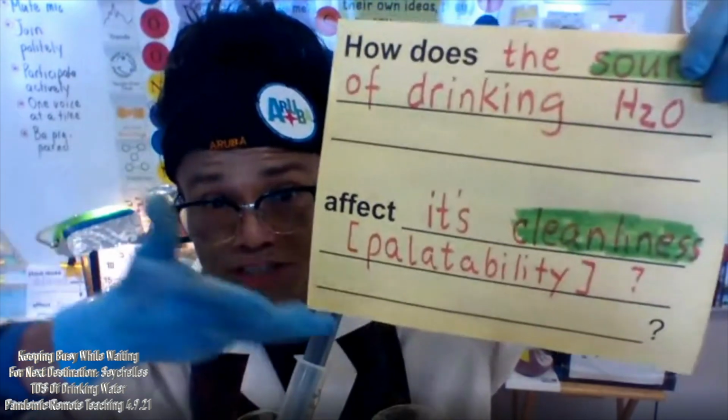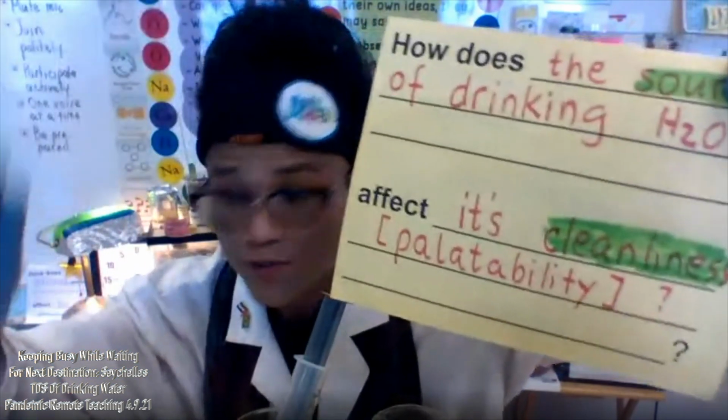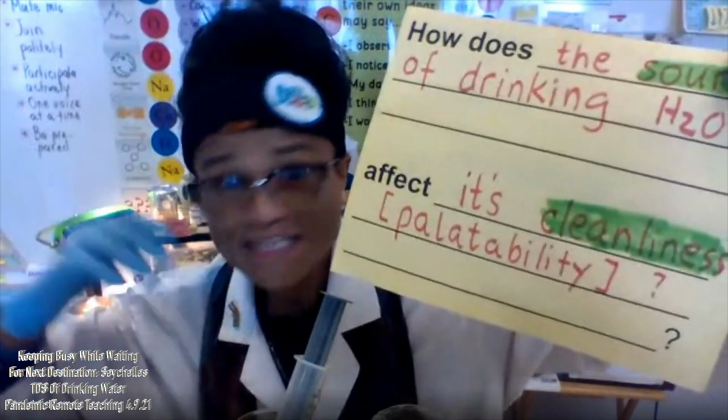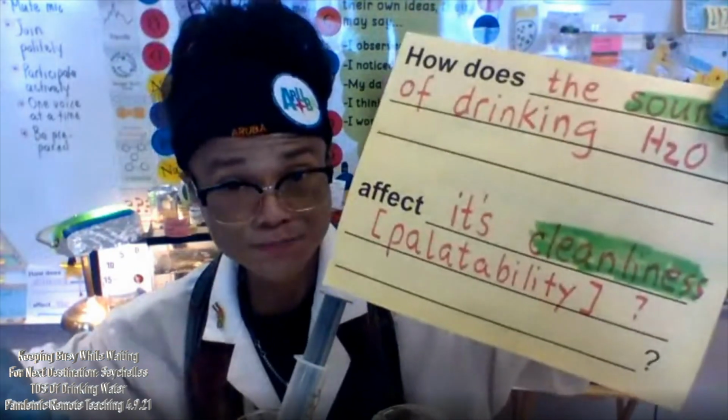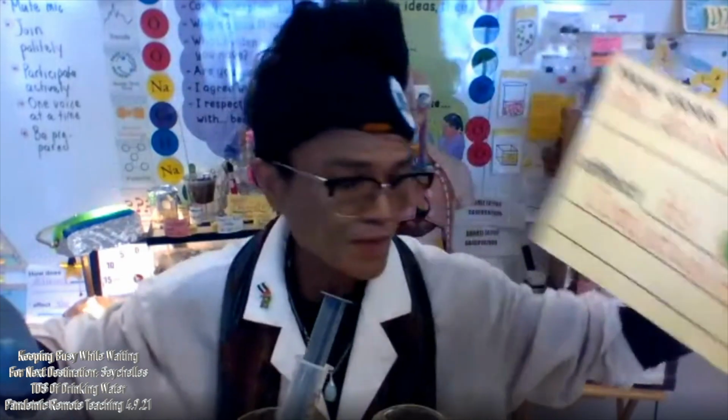Pertaining to this question, when I use the word palatability, it's the cleanliness of the water. In other words, will the place I get my water to drink tell me whether the water is good for drinking or not good for drinking?